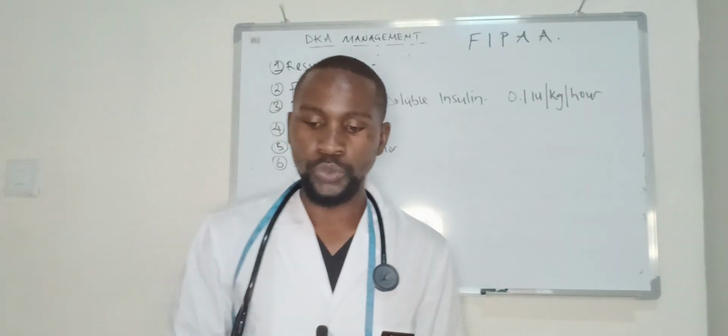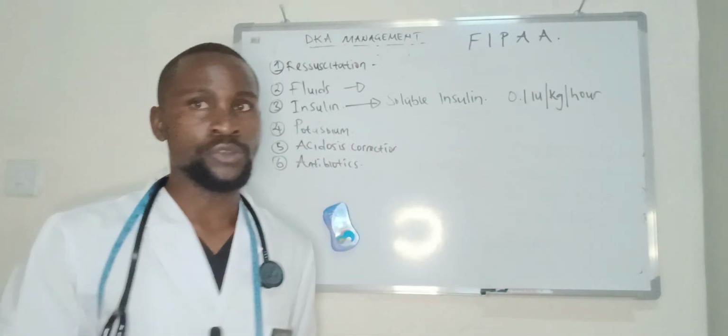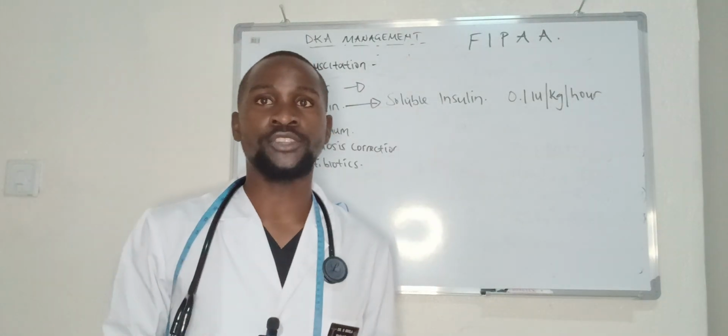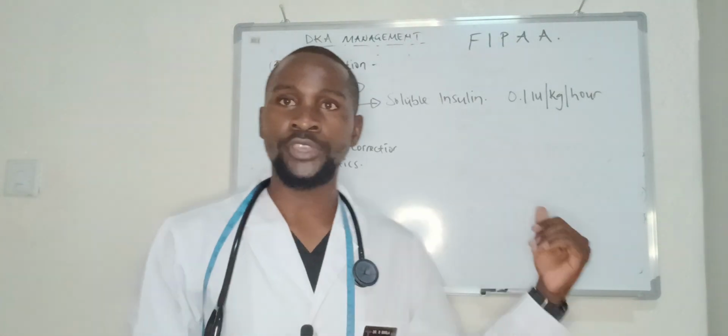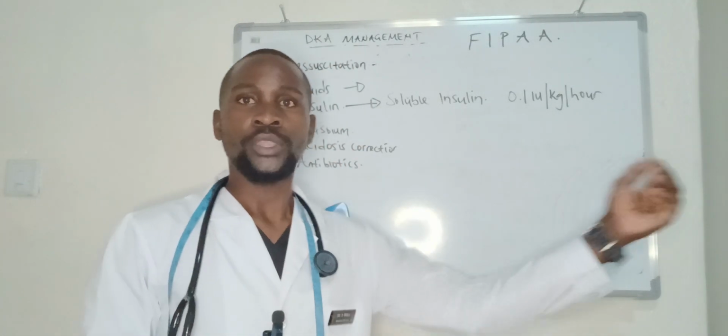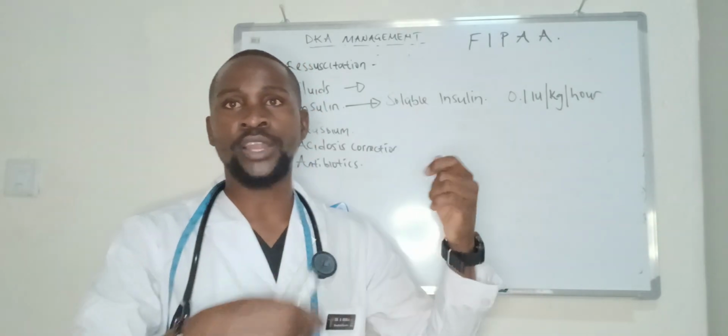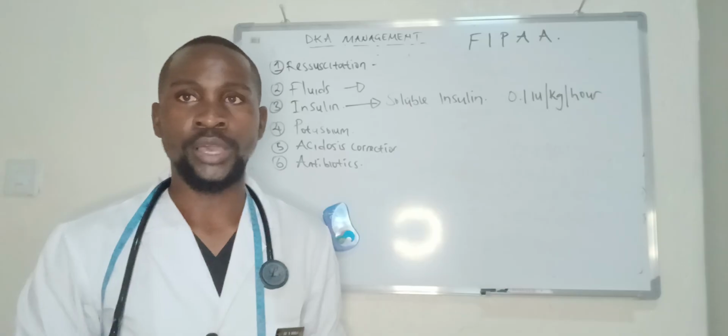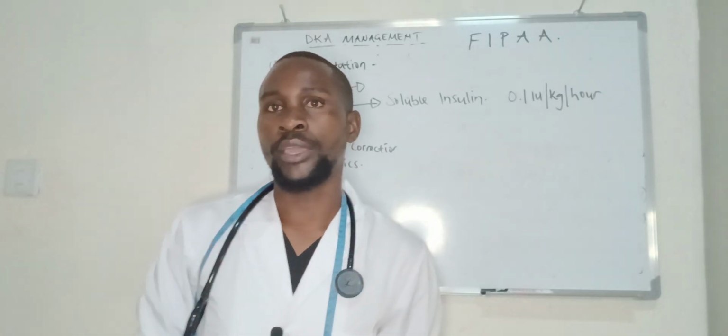So how are you going to be giving this insulin to this patient? Remember, you've double cannulated, and one of the fluids that you are giving is supposed to have insulin. You give it as an infusion, which you connect to an infusion pump so that you know the rate at which it's going to be flowing. You set the flow rate.